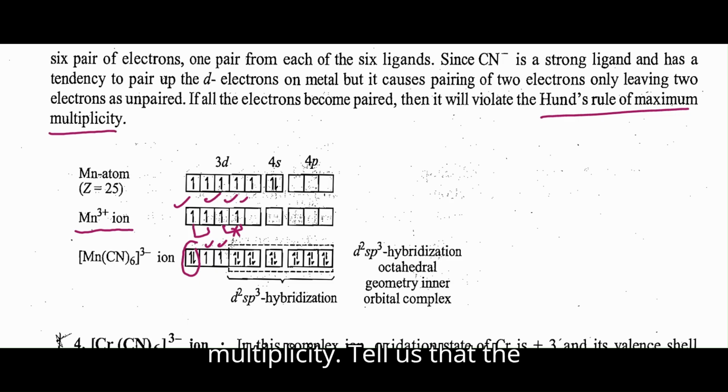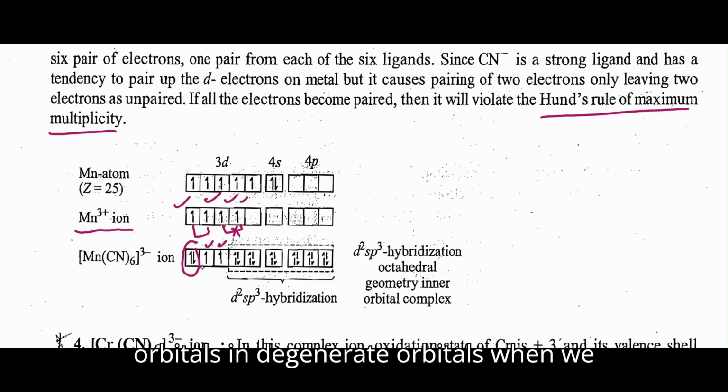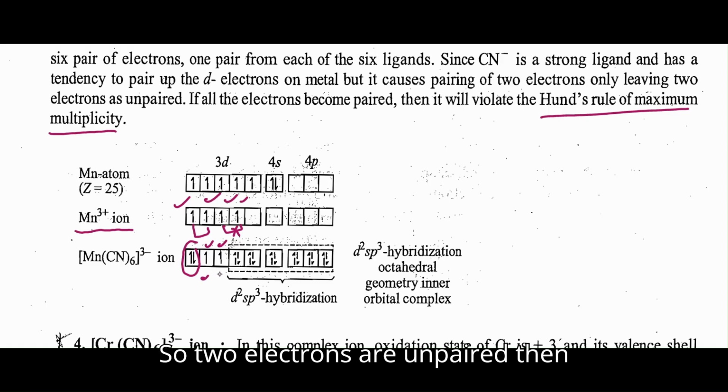Hund's rule of maximum multiplicity tells us that in degenerate orbitals, when we fill the electrons, first of all electrons should be filled unpaired. So two electrons are unpaired, and only two electrons will be paired up. Due to these unpaired electrons, it has paramagnetic character.